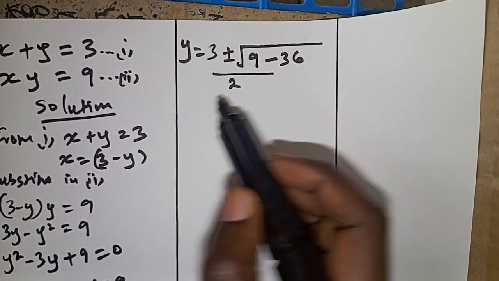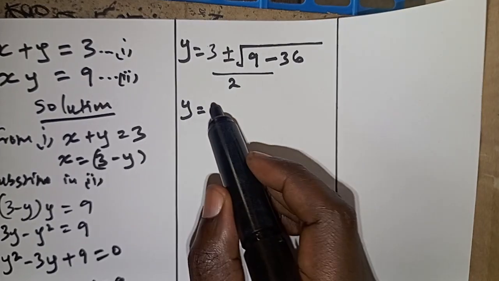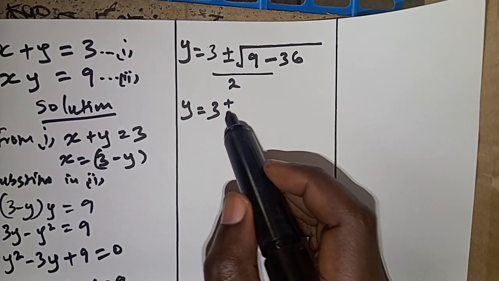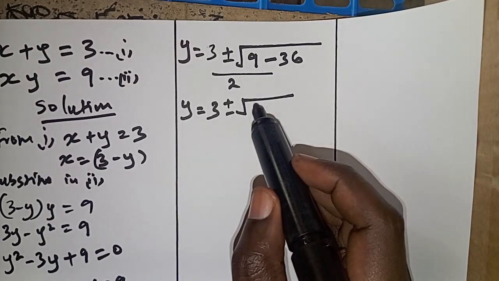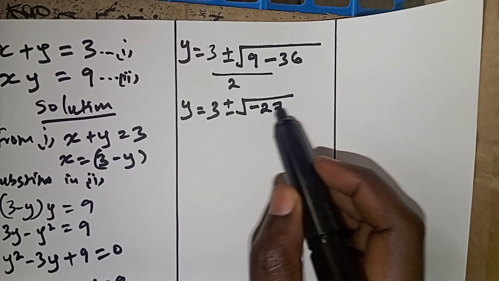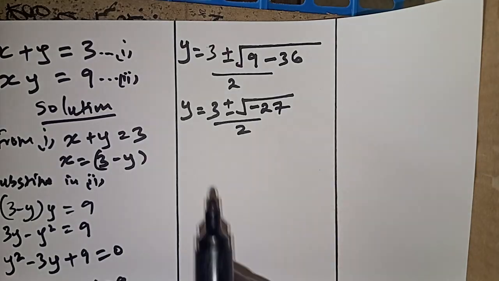From there, simplifying further, y becomes 3 plus or minus the square root of 9 minus 36, which is negative 27, divided by 2.